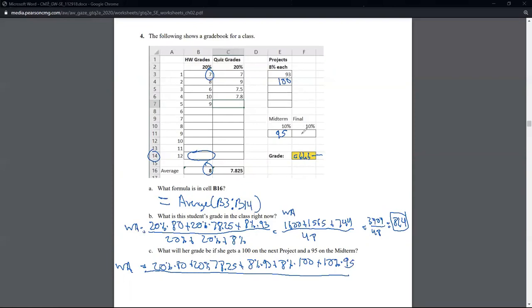So we're still missing 3 projects. We're still missing the final. So the bottom is not going to be 100. It's 20 plus 8 with percents, of course. Sorry for the rushing, getting close to time. Now we also have the extra project, which was another 8%, plus the midterm, which was 10%.